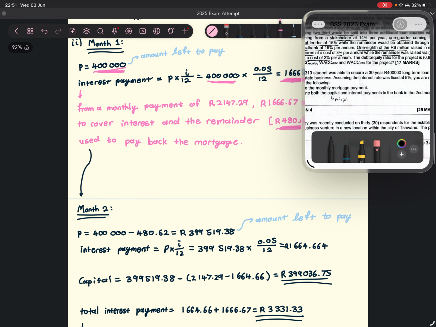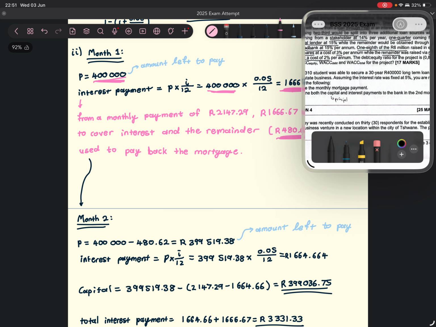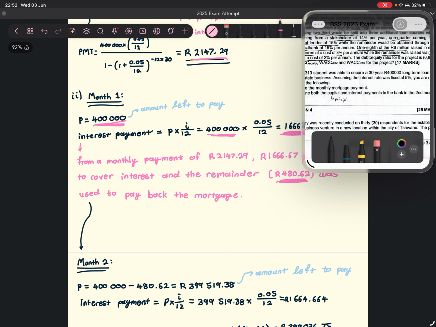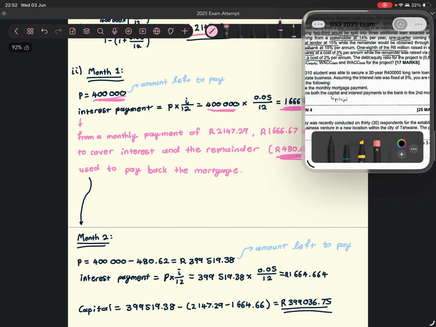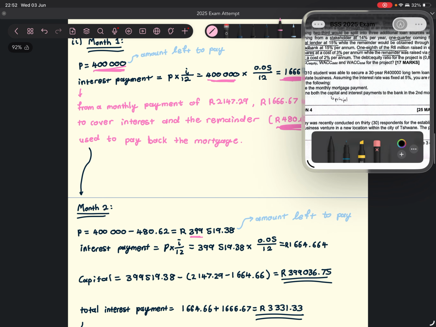So for month 2, we need to subtract that amount that went into paying off our debt. So our principal then becomes 399,519.38. Yeah, that number. That's embarrassing.